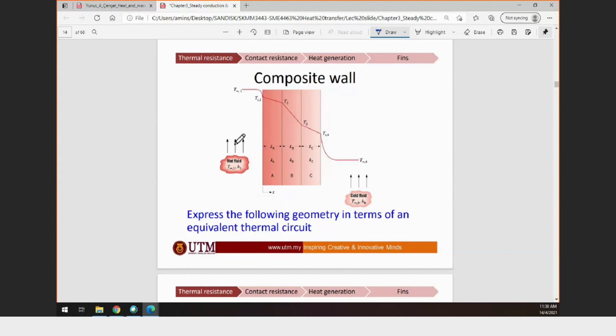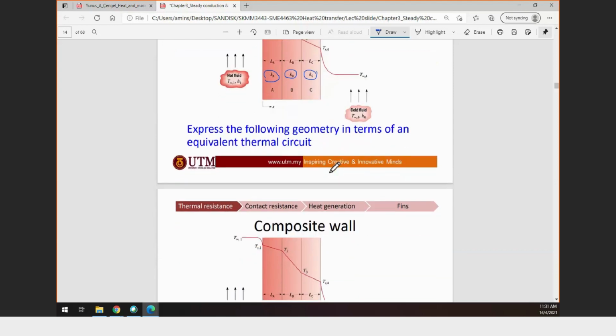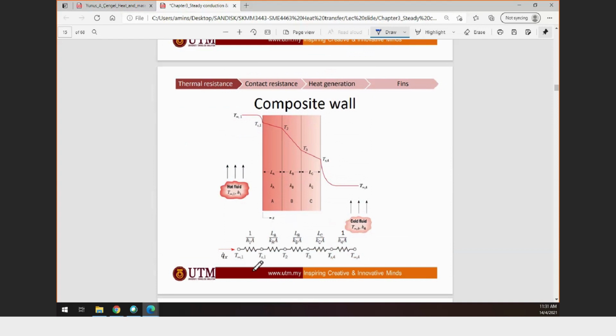Like this, you have the hot area and the cool area on the left and right, and in the wall you have three different layers with three different thermal conductivities, Ka, Kb and Kc. By using the thermal resistance concept, you can simplify the calculation with the total resistance from left to right, because the temperature moves from left to right.